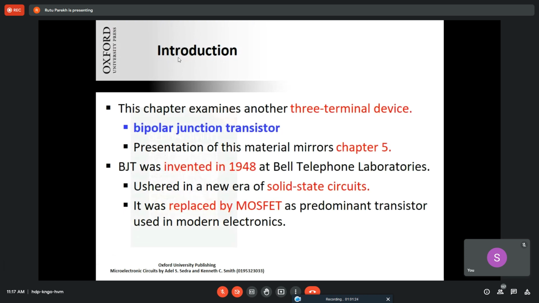Now, as you can understand, bigger size means it will handle more voltage and more current. So in applications where you need higher voltages and current that a MOSFET cannot satisfy, we use BJT. Mostly in the power supply, right? Because in today's date, MOSFETs work on the order of 1 volt.